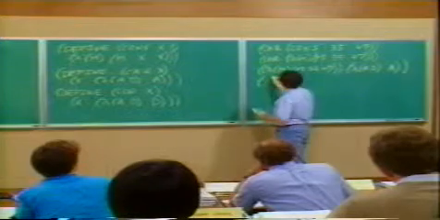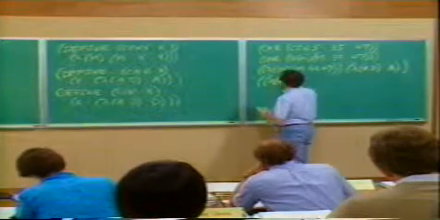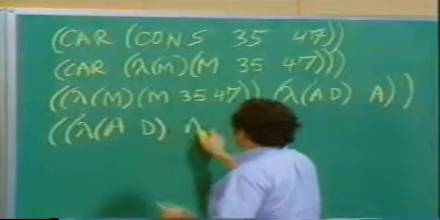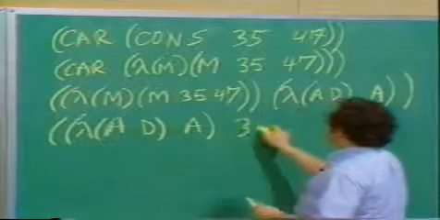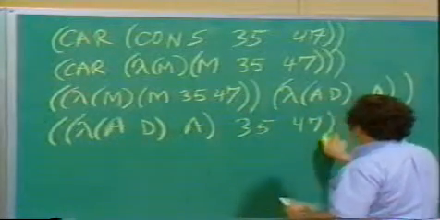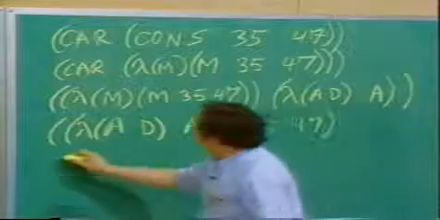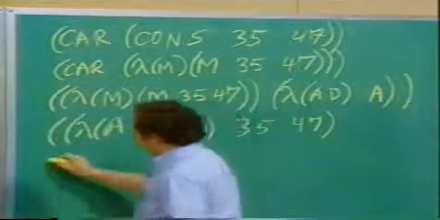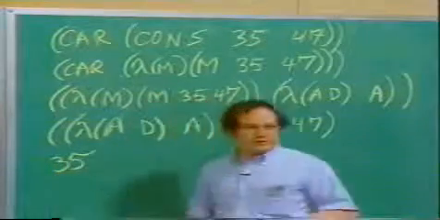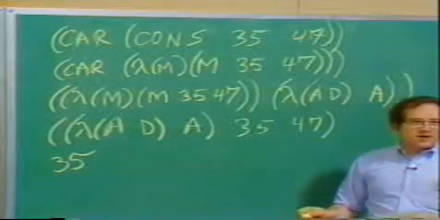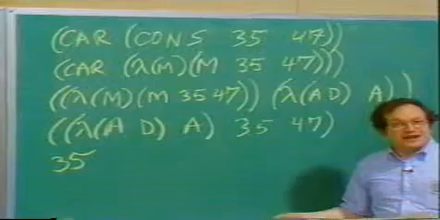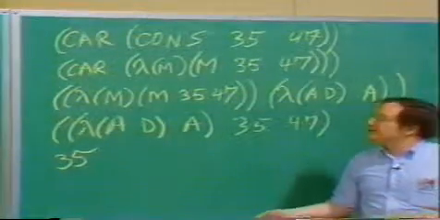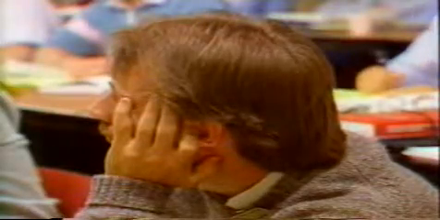Okay, so that's the same thing as lambda of A, D, A applied to 35 and 47. Oh, that's 35. That's substituting 35 for A and 47 for D in A. So I don't need any data at all, not even numbers. Okay? This is Alonzo Church's hack.